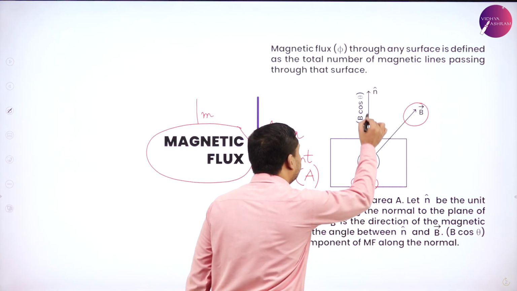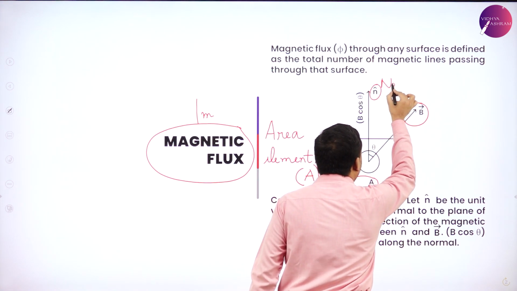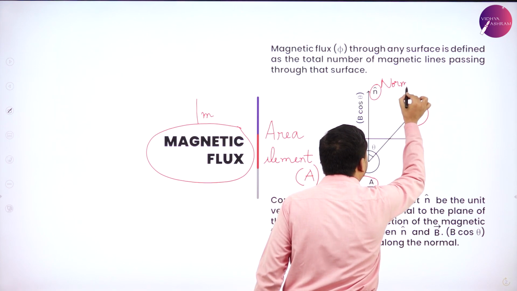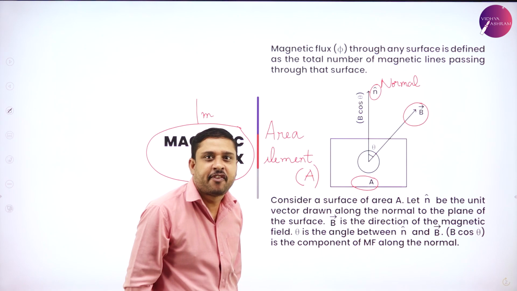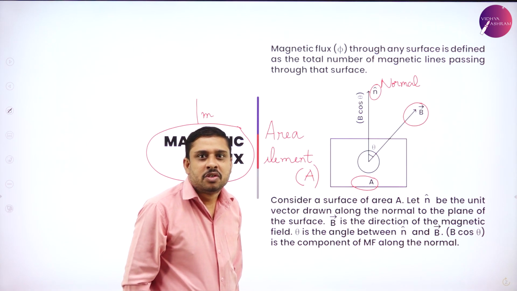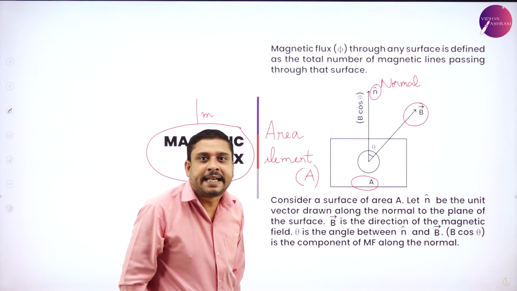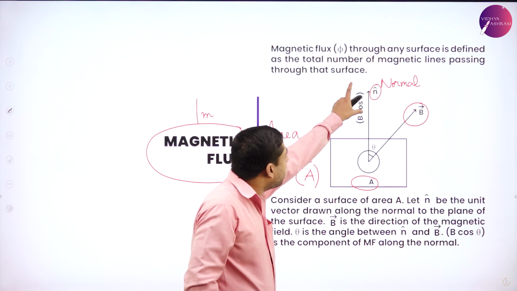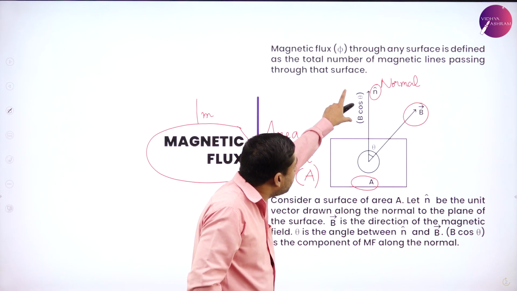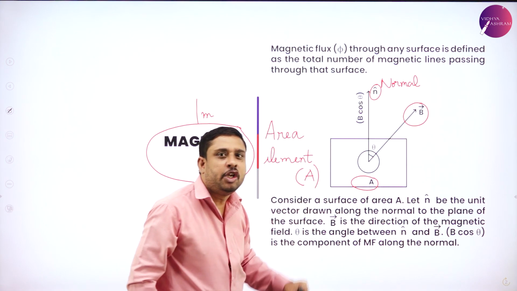Now what do I do? I draw a normal n cap to the given surface. So n cap is the normal that is drawn to the surface. And what is the component of magnetic field along the normal?